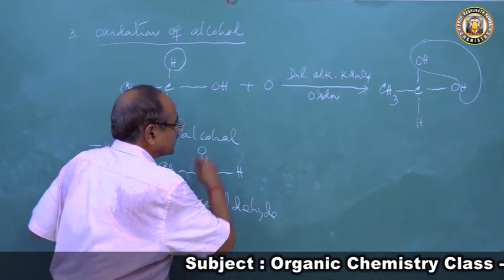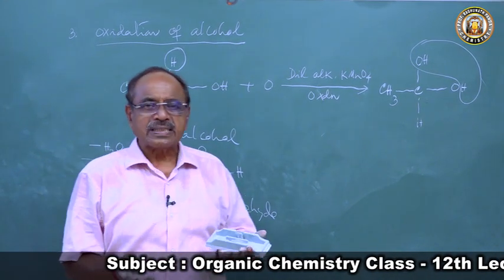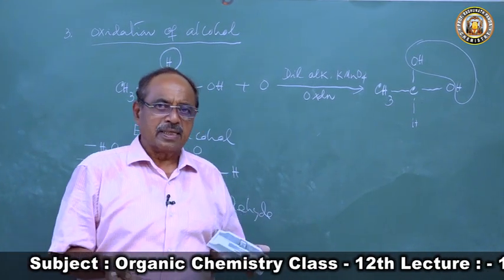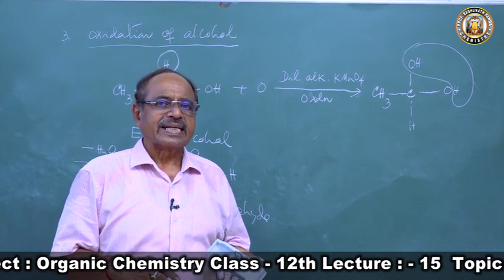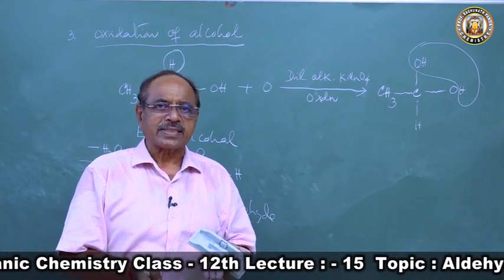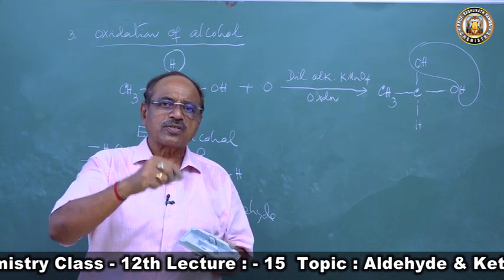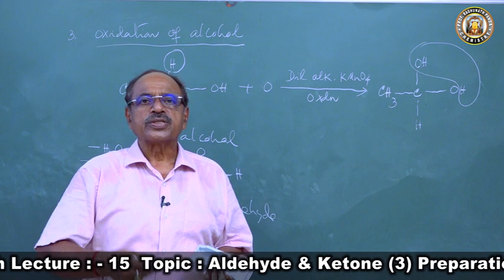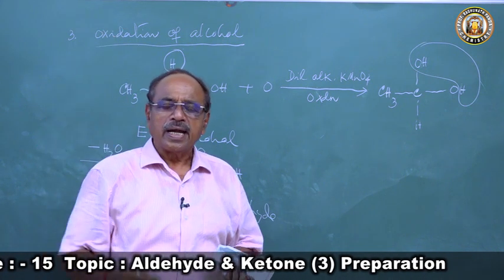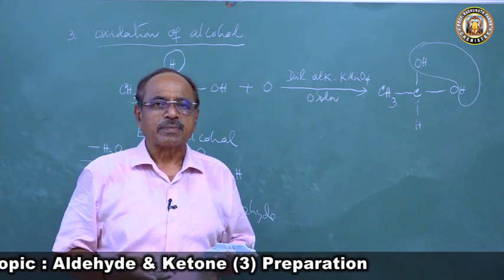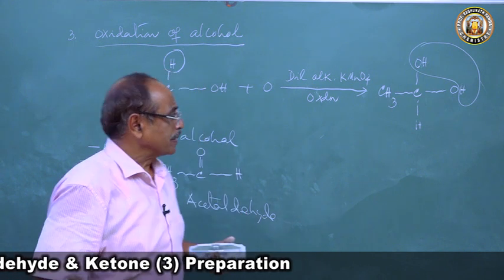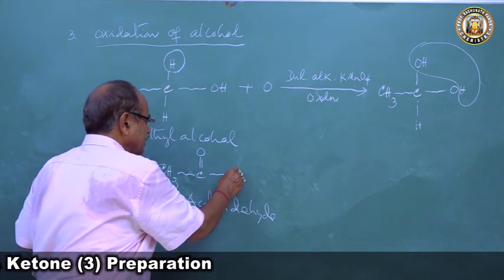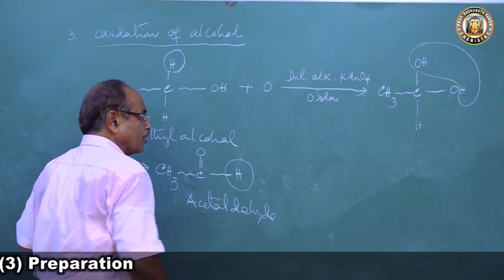Now children, what is ethyl alcohol? It is a liquid whose boiling point is about 78 degrees centigrade. We take it in a flask and add a few drops of alkaline KMnO4. Then we reflux, using an air condenser, and warm it. The reaction will take place. This acetaldehyde has another active hydrogen atom, as we have read in primary alcohol.